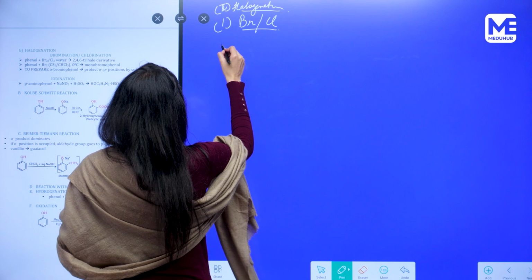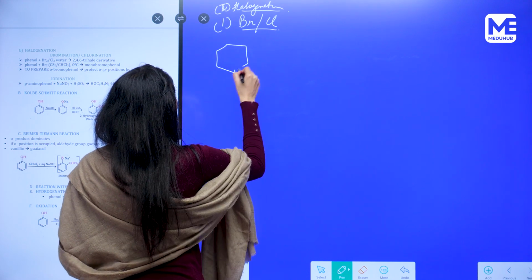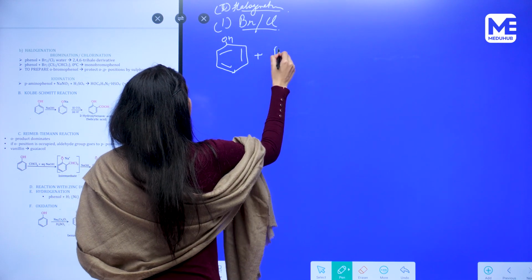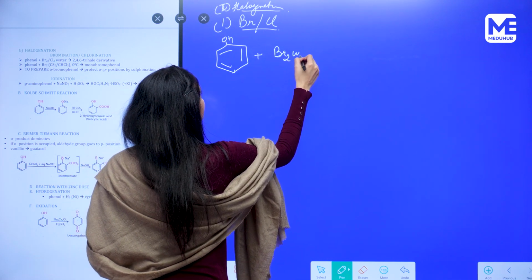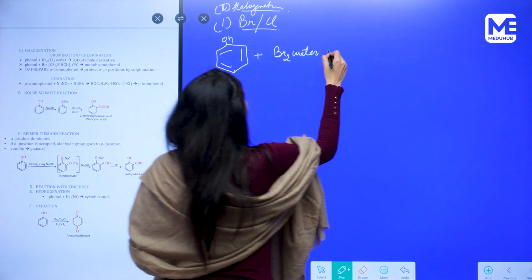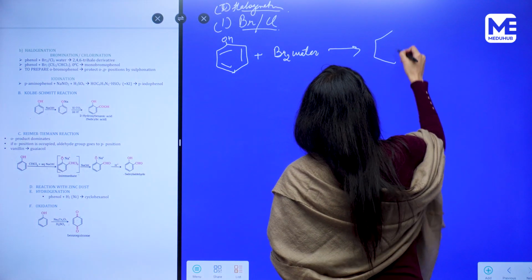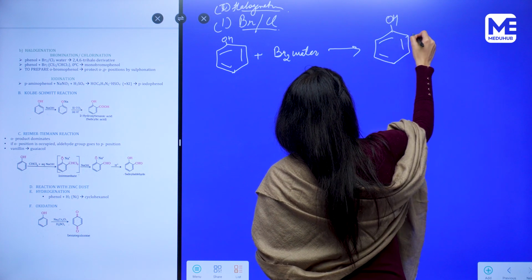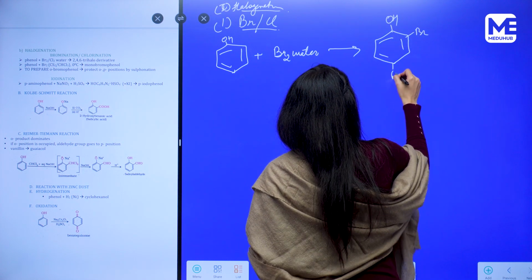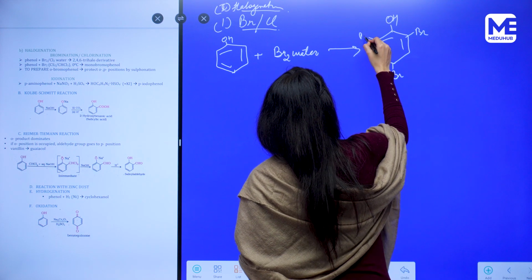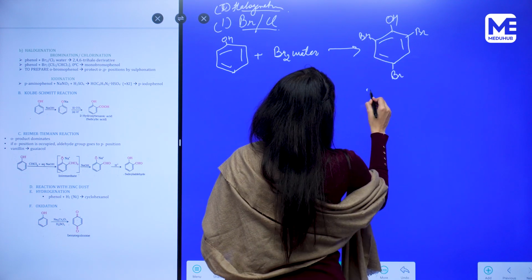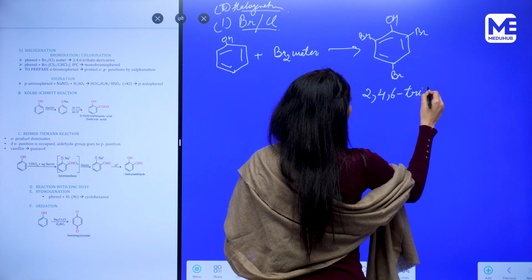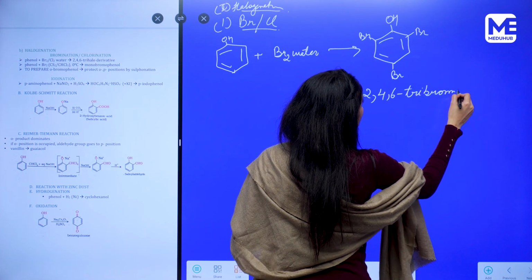So if we have phenol and we treat it with, let's say, bromine water, we will get a tri-substituted product. Br, Br, Br. So this will be 2,4,6-tribromophenol.